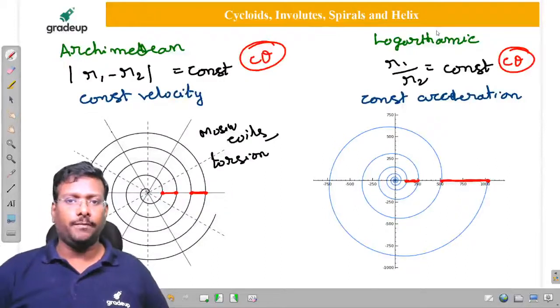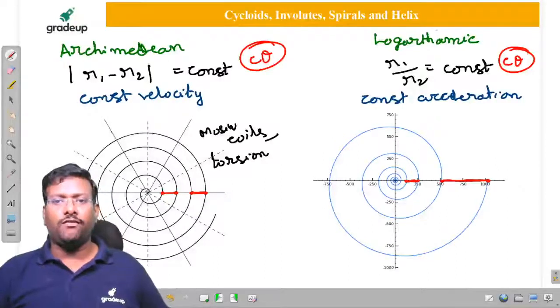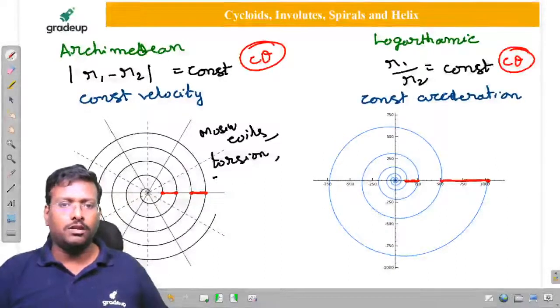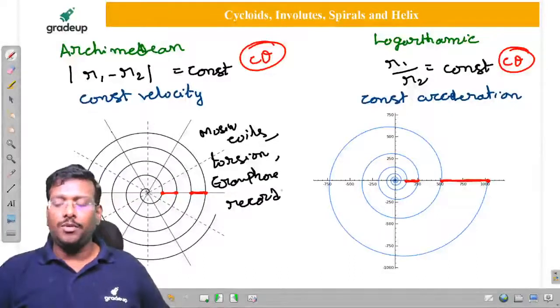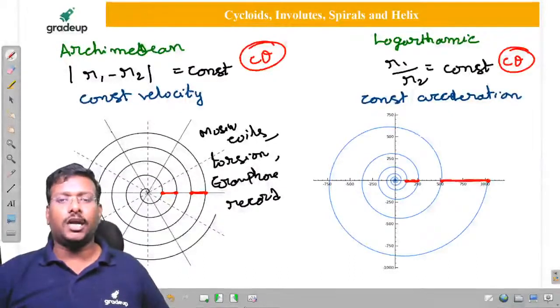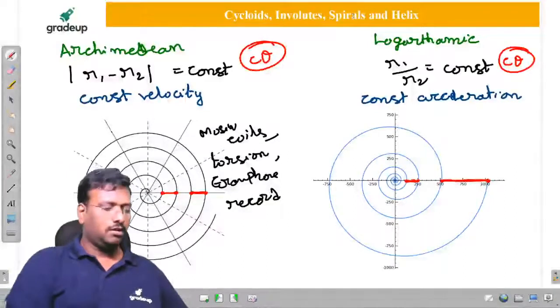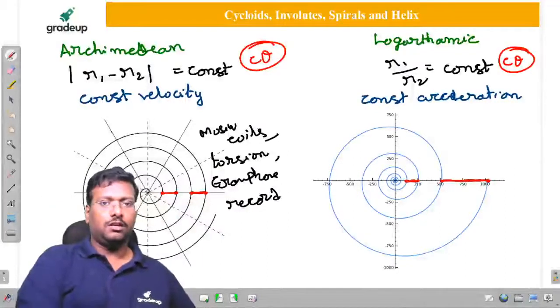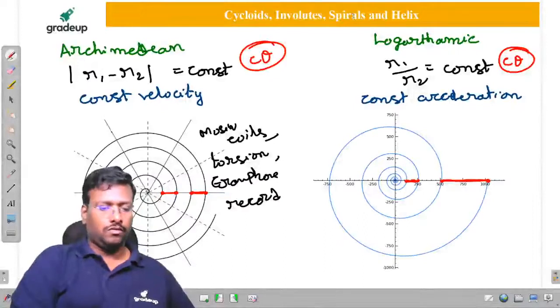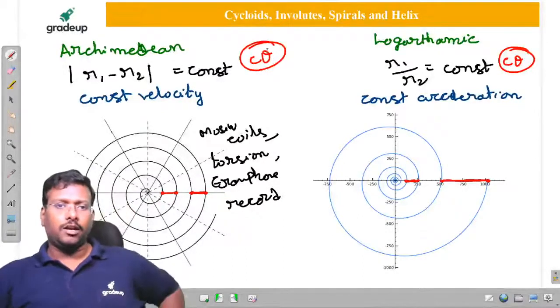And one more thing, how many people are aware of a gramophone record? How many people are aware of a gramophone record, sir? Just you tell me. There also there is an example for this. Gramophone disc.